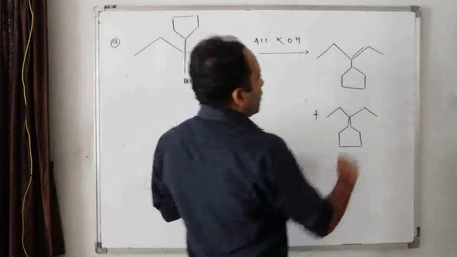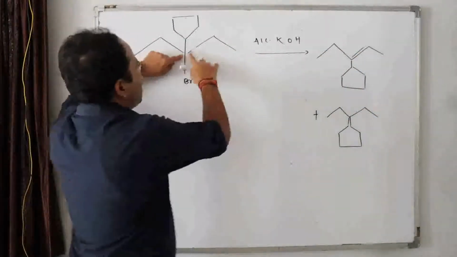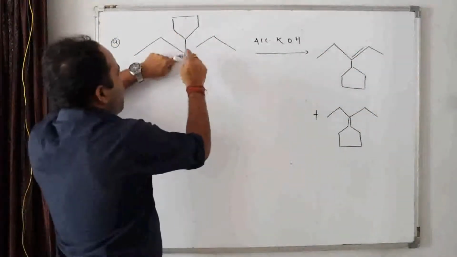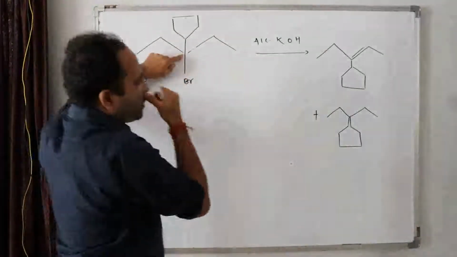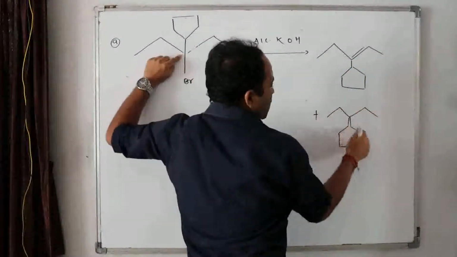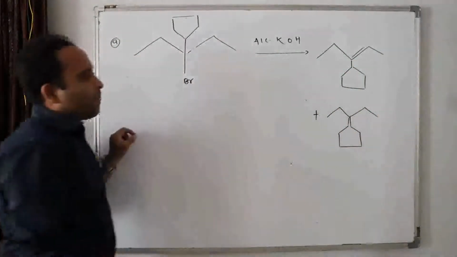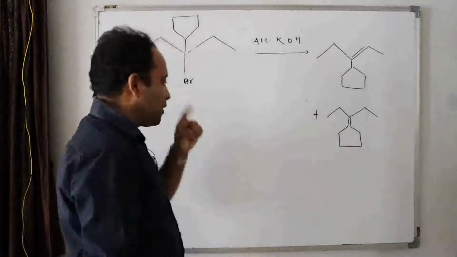Clear? Now here, once bromine is removed, it can remove a hydrogen from this, or from this, or from this position, isn't it? Now see, this is having 1, 2, 3 substitution, this is having 1, 2, 3, 4 substitution, isn't it? One more thing, there may be stress in this ring, but it's not considered too much.